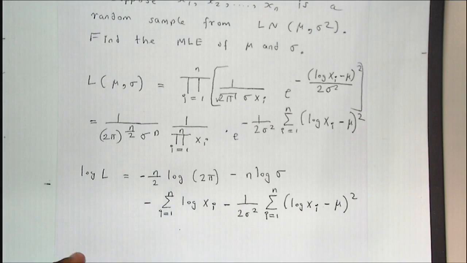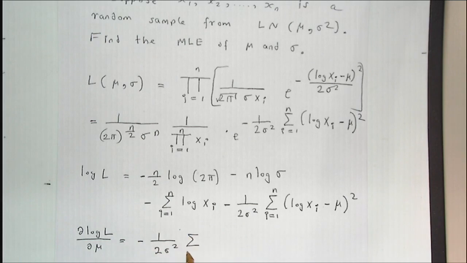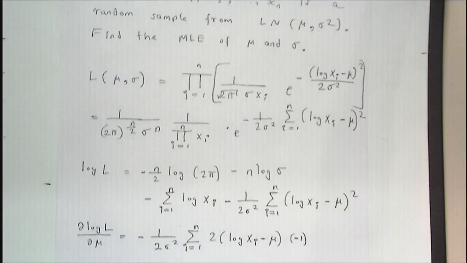Next step is to find the partial derivatives, first with respect to mu and then with respect to sigma. So this is the partial derivative with respect to mu, guys.